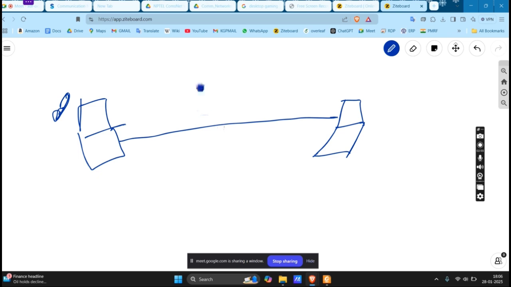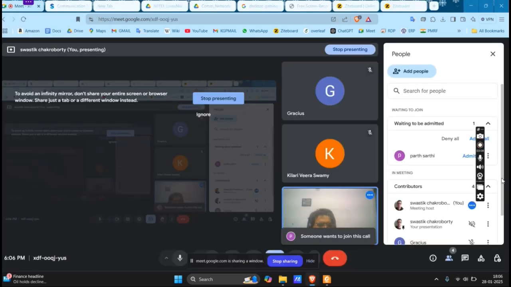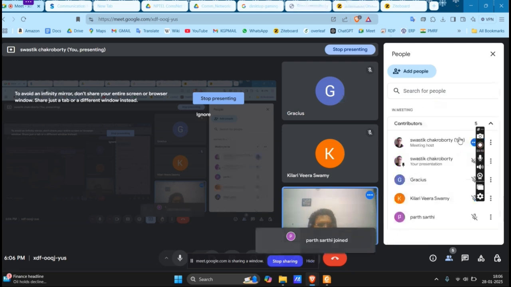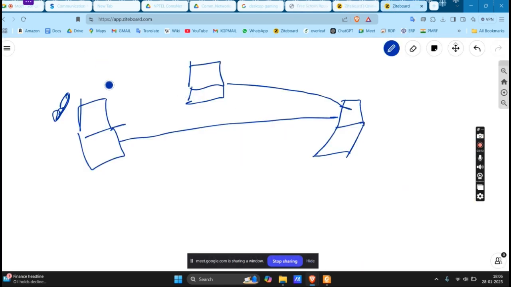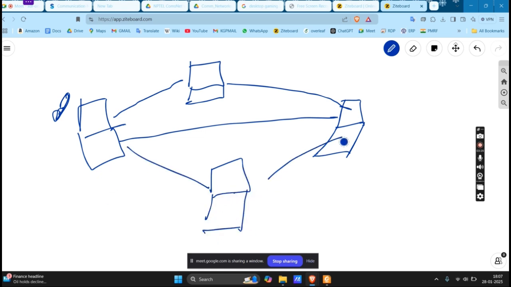When we have one computer and another computer nearby, we can connect them. When we have three computers nearby, we can connect them like this. Say we have another computer, then we can connect like this, and this is what you call a star network.